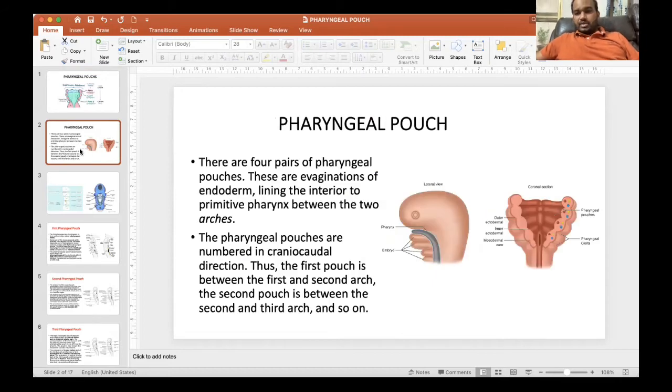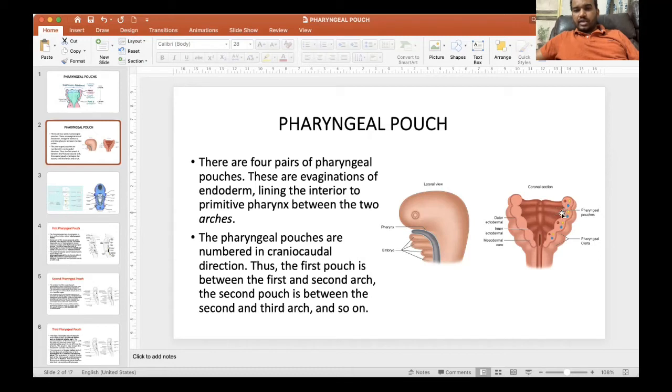The pharyngeal pouches. So what are these pharyngeal pouches? There are four pairs of pharyngeal pouches, and these are invaginations of the endoderm lining the interior of the primitive pharynx between the two arches. If this is the pharyngeal apparatus, these are the arches, and this is the inner lining.